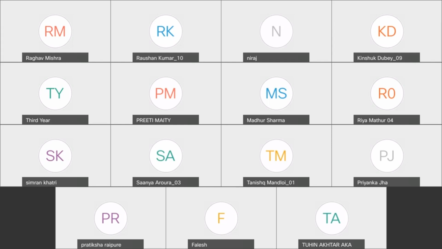Priyanka, Present, ma'am. Tuhin, Present, ma'am. Falesh, Present, ma'am. Mohit, Nitesh, आशीष, सारे गायब, प्रदीप.